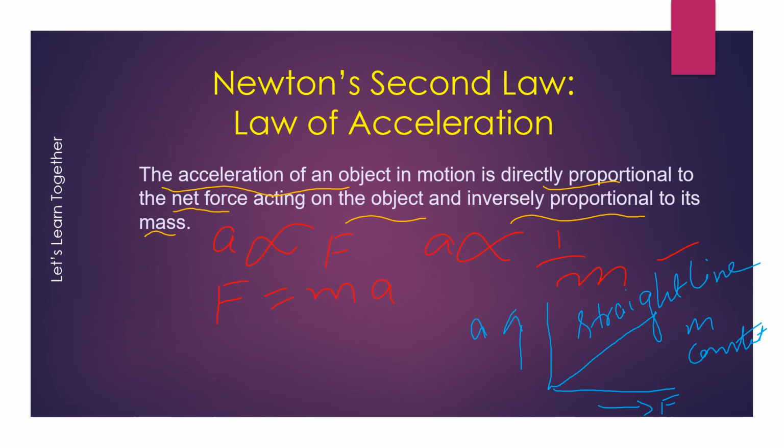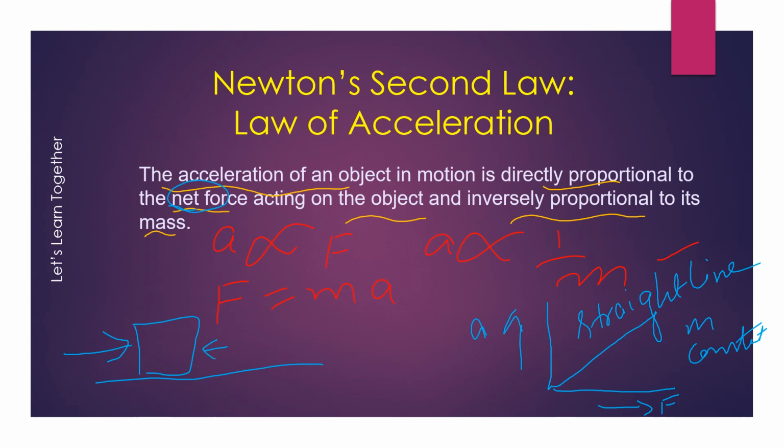Now there is one term, net force. What is net force? This is an object which we need to move. Now we are applying this much of force, a big force, and this small force from this side.